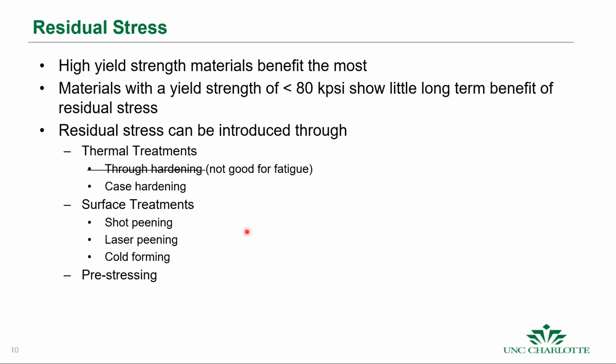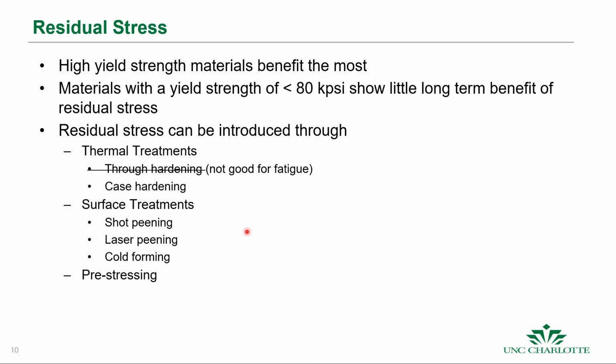So for residual stress, we find that high yield strength materials benefit the most. Materials that have less than about 80 kpsi show little long-term benefit of residual stress. Residual stress can be introduced through thermal treatments, such as case hardening.